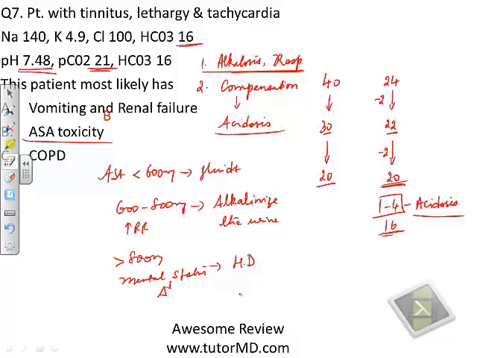And you would know it is aspirin toxicity if you calculate compensation and uncover this additional acidosis which is existing with respiratory alkalosis. A lot of physicians, when they look at the pH of 7.48, think it is only alkalosis and there's nothing else going on. If only there is compensation, you can recognize that additional acidosis going on. Therefore, this is going to be a very important scenario for you to know.